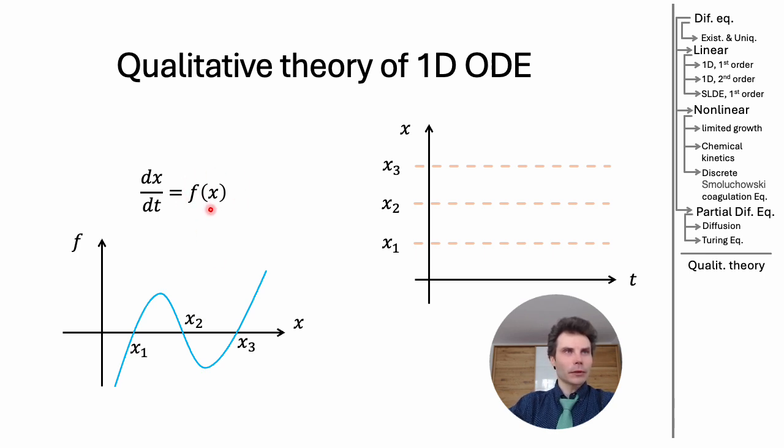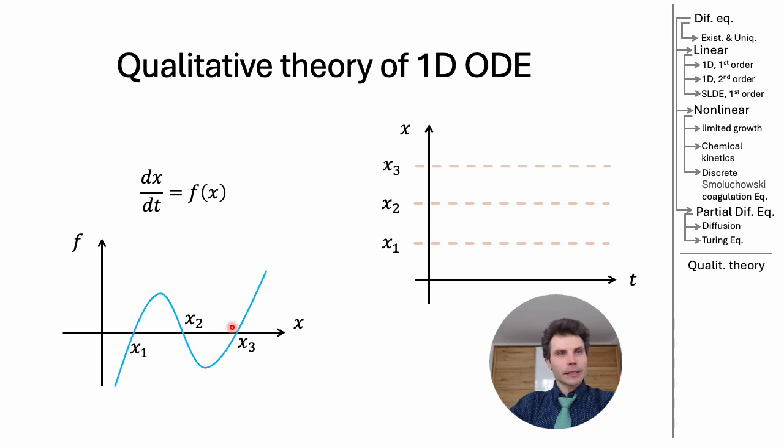It depends on t only indirectly via the dependence on x. So we can plot the right-hand part of the equation entirely with no loss of information, just as a function f of x. We notice that this function vanishes in 3 points.